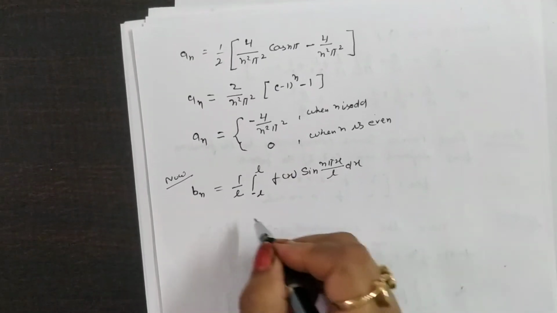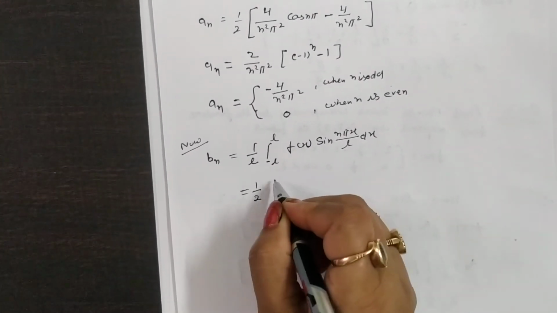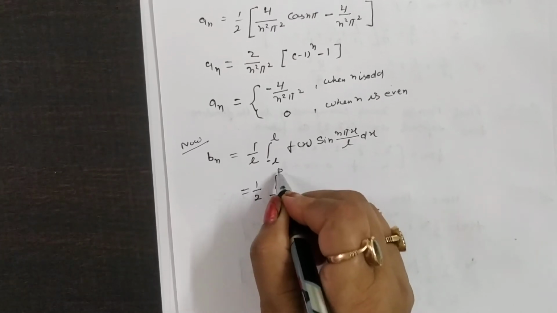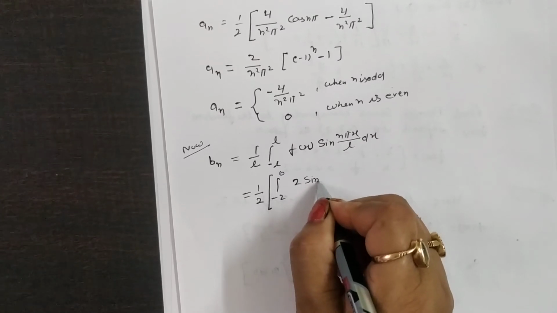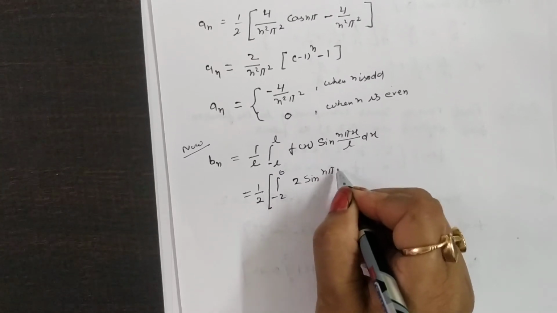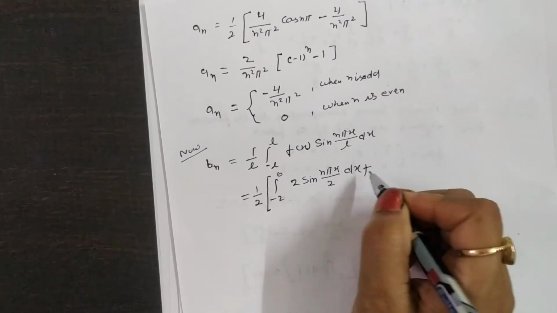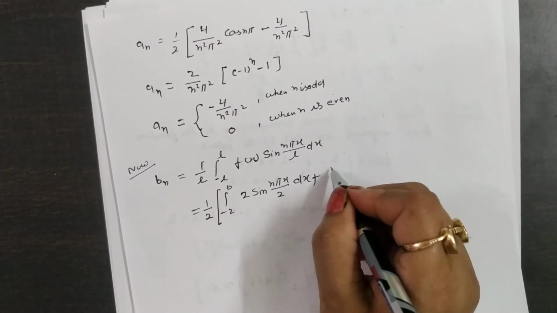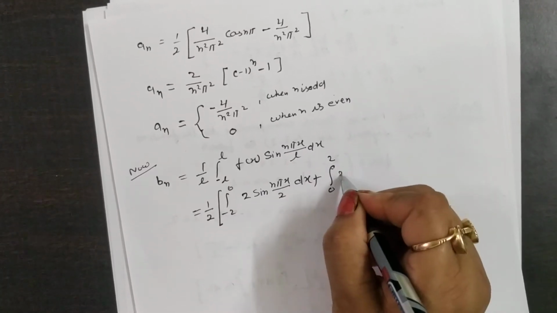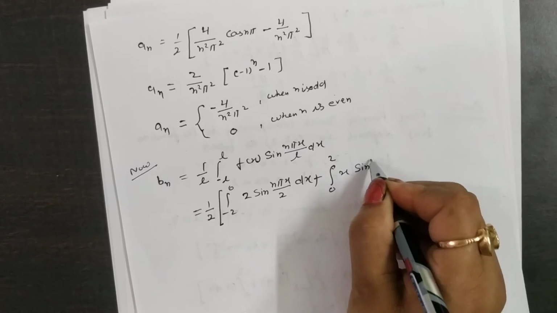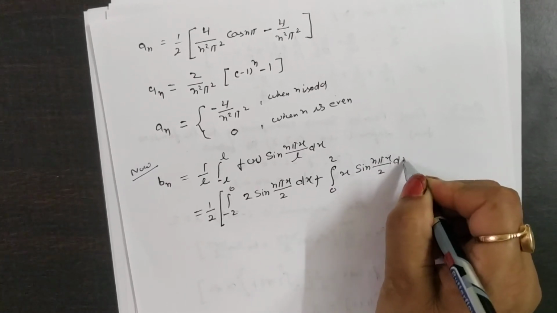Substituting in the same way for the 2 terms, that is 1 by 2, integral from minus 2 to 0 of 2 sine n pi x by 2 dx, plus integral from 0 to 2 of x sine n pi x by 2 dx. Is it clear?